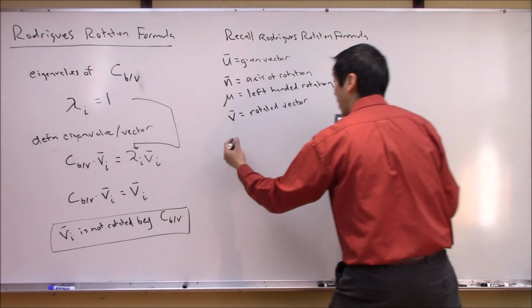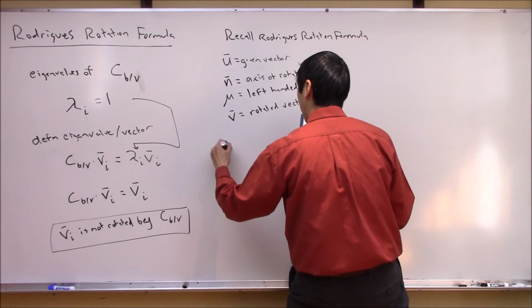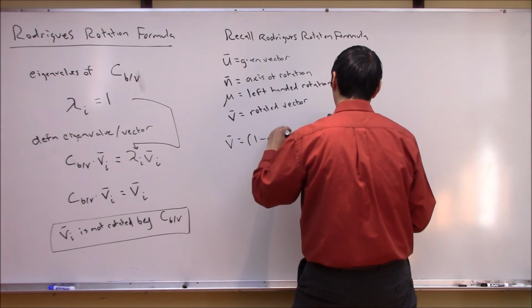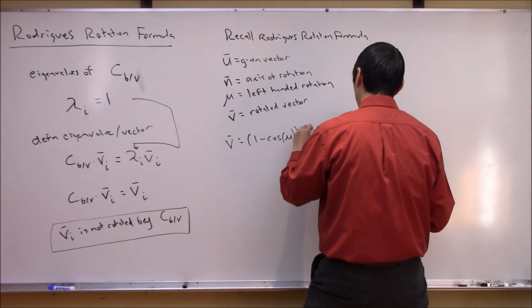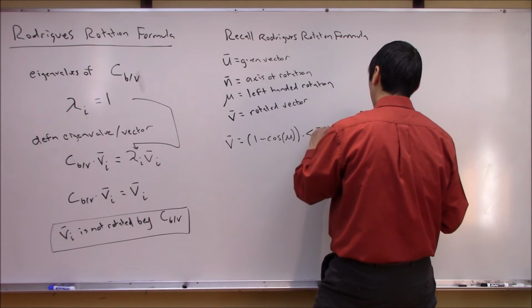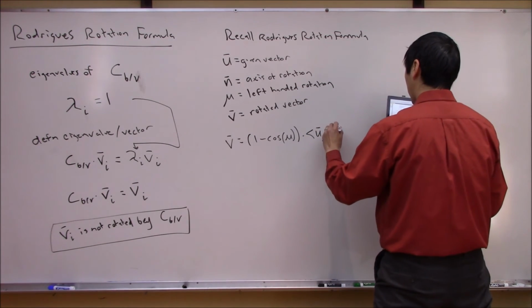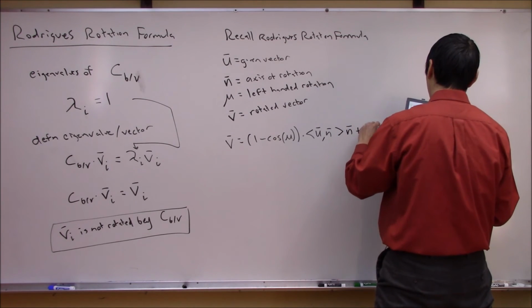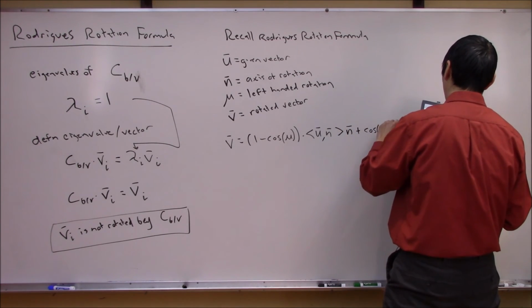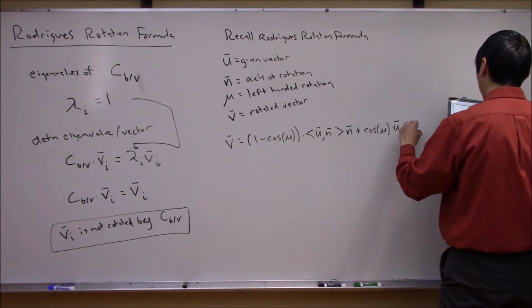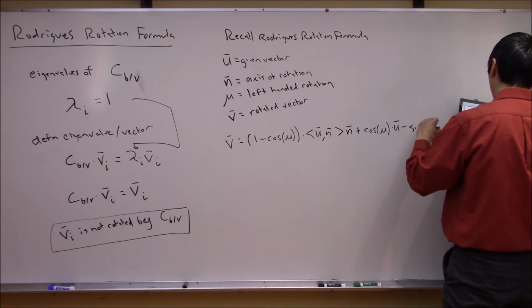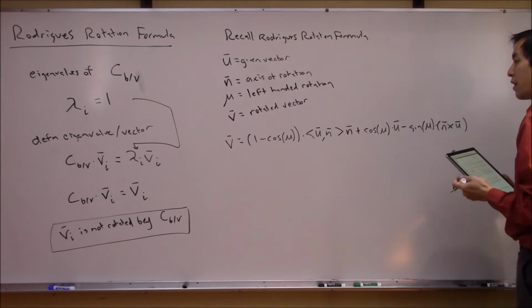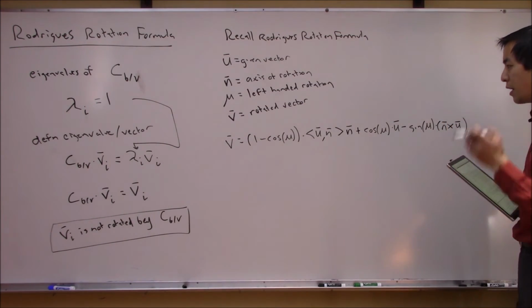It says that given this setup, v is equal to 1 minus cosine of mu times the inner product of u and the axis of rotation n, times n, plus cosine of mu times u, minus sine of mu times n crossed with u. That was the formula.